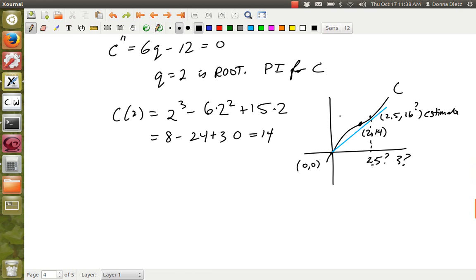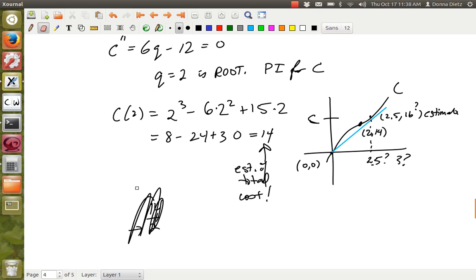So I estimated the total cost. So I did this problem incorrectly. What it had asked me to do is estimate the average cost. I'm doing it for the wrong point now. I want to estimate the average cost based on my estimate of the total cost.